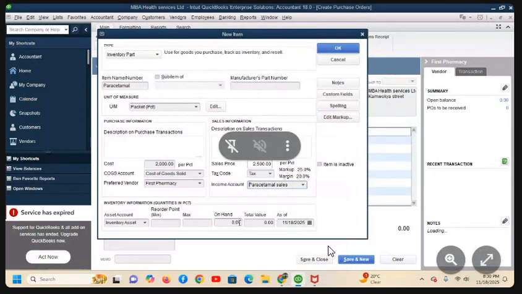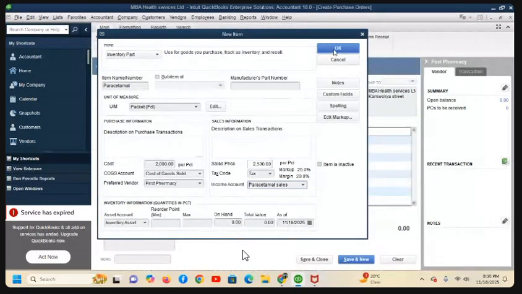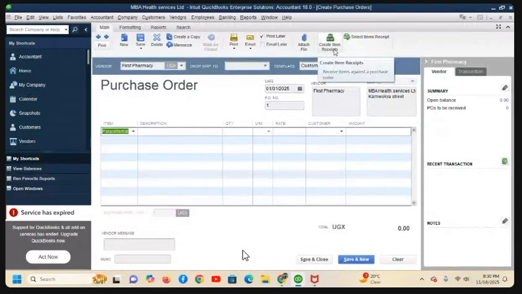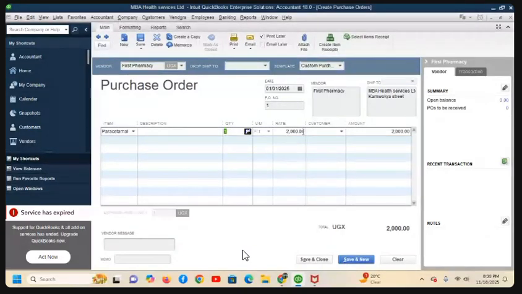So I don't have any at hand. I'm just going to buy. I click OK. So I'm ordering how many? Since I've already entered the cost, the system will show each one's cost.